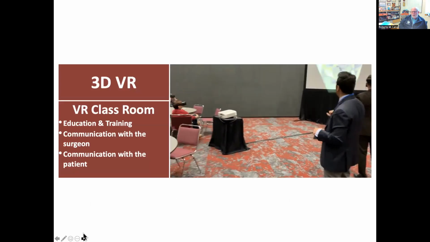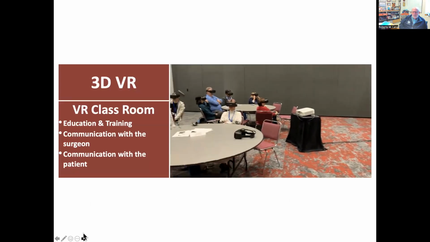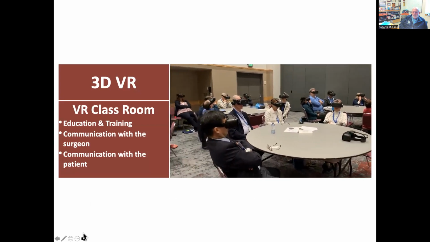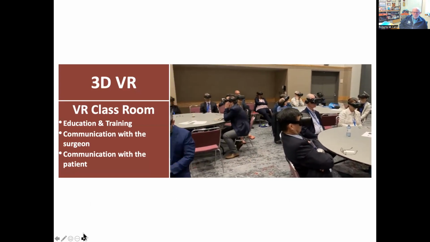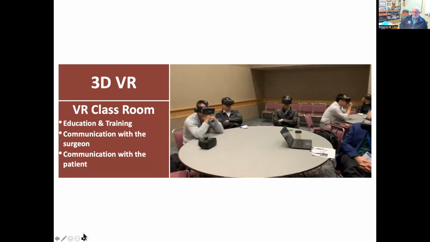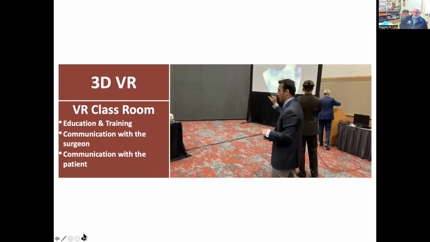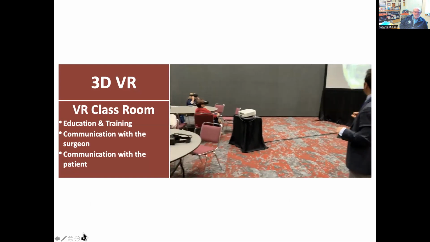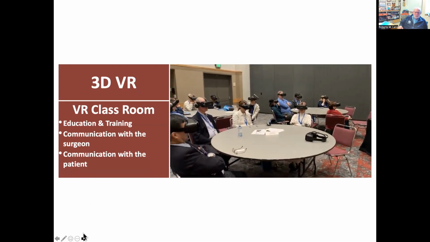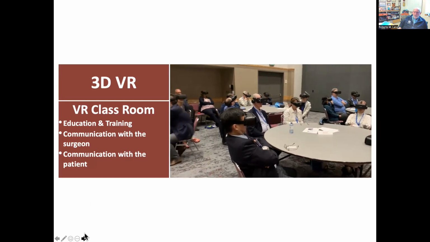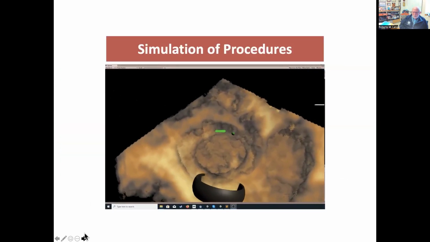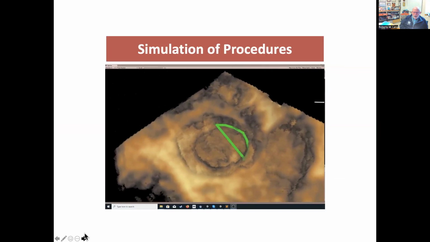And we are now starting to do courses in which we can show and teach anatomy using virtual reality to 20, 30 physicians all at the same time, all visualizing the same data set. This facilitates education and training, the communication with the surgeons, and allows us to also communicate with the patients. This is how we're using virtual reality now.